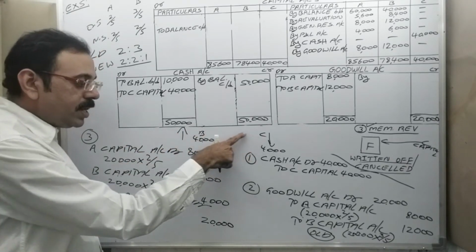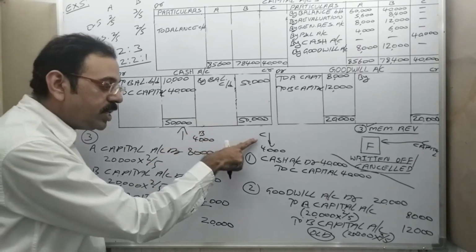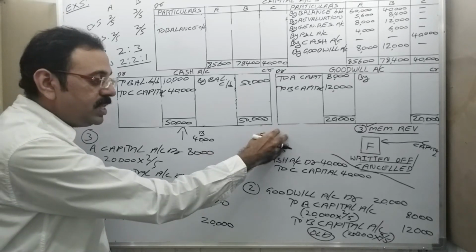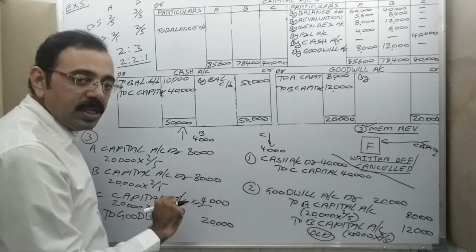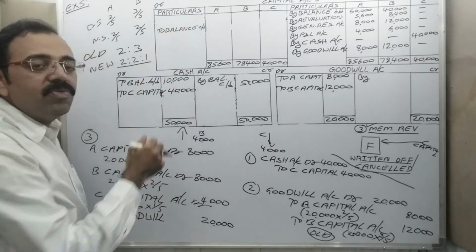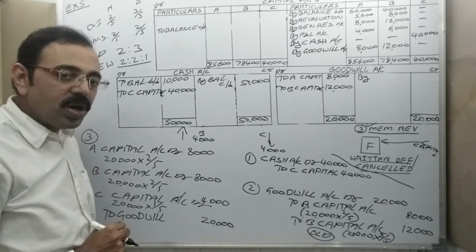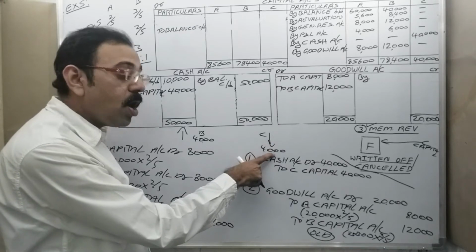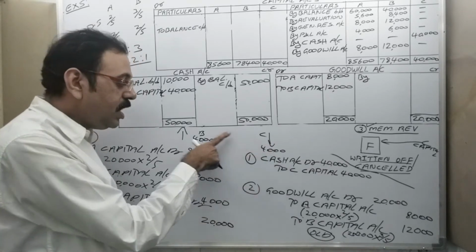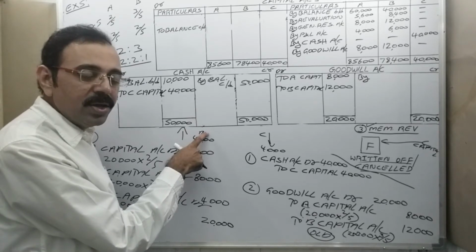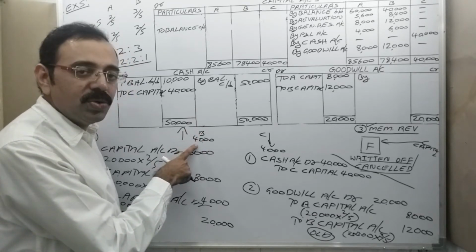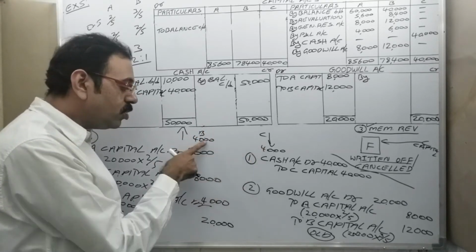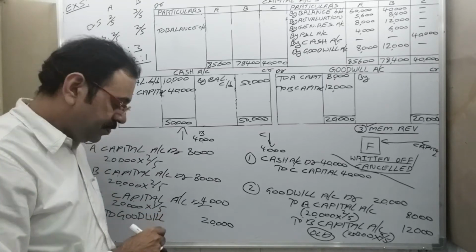So when new partner is admitted, B is sacrificing profit, not A. Therefore, from C capital we reduced 4,000 rupees, and to B capital we added that 4,000 rupees. Final result is what? In total goodwill, new partner's share of goodwill is taken by the old partner in which ratio? In sacrificing ratio. Since B only is sacrificing, B is only taking the total goodwill amount. Clear?